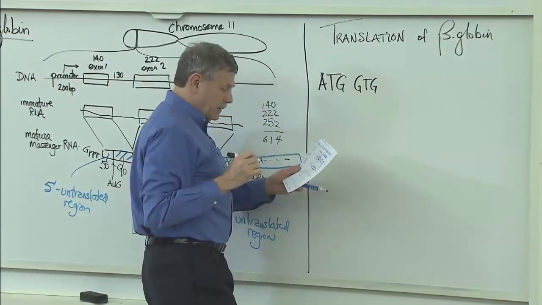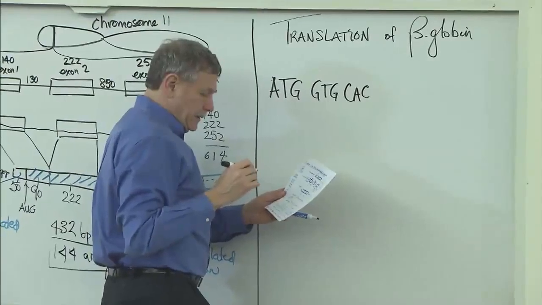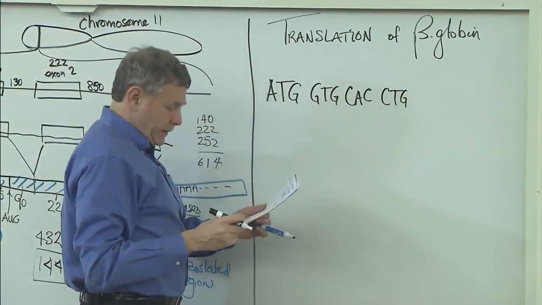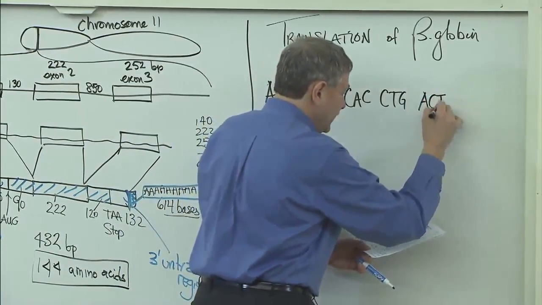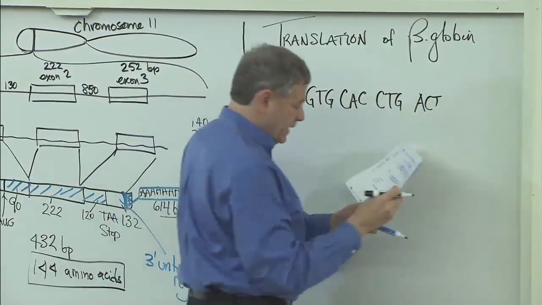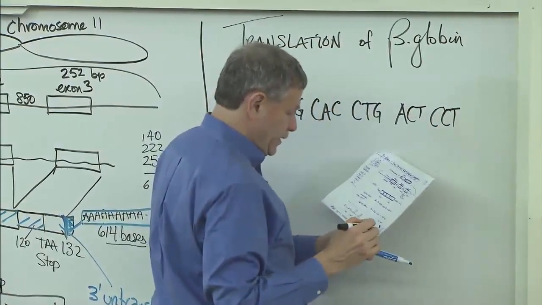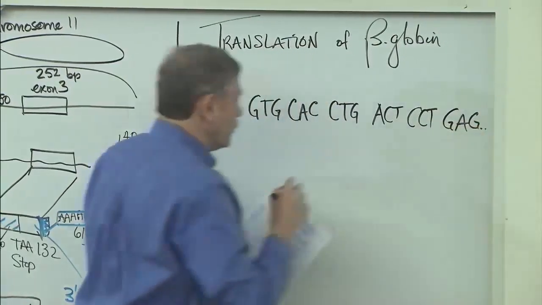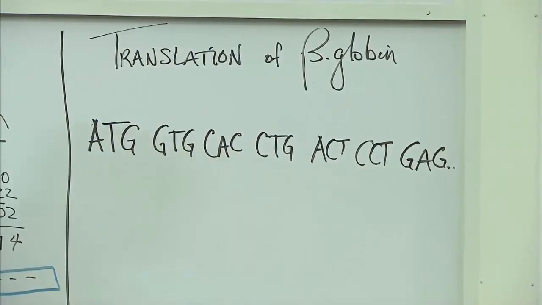Then there's a CAC. Then there's a CTG. Then there's an ACT. Then there's a CCT. Then there's a GAG, and onward. Somebody want to translate these for me?